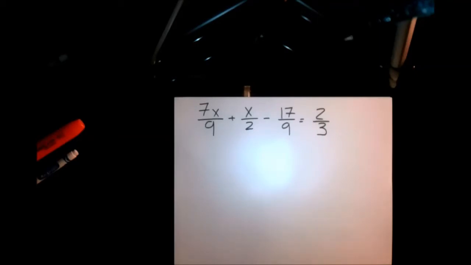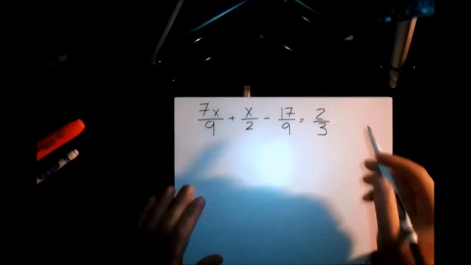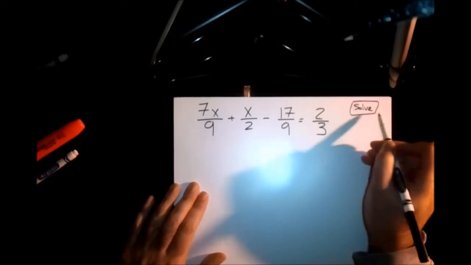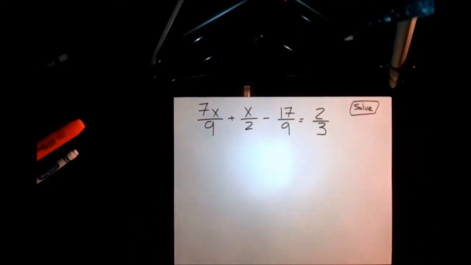Yeah. So write this down. Just like the last problem though, the easiest way to go around solving this problem, and we do need to solve it, is to get rid of all of the denominators.